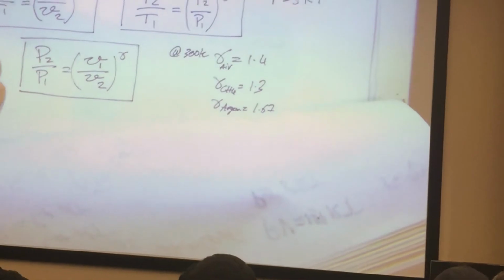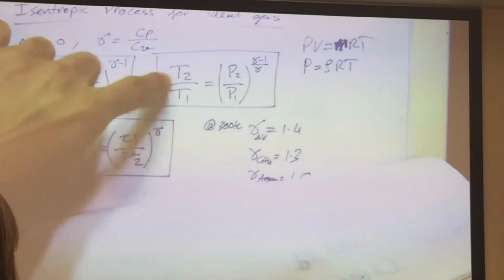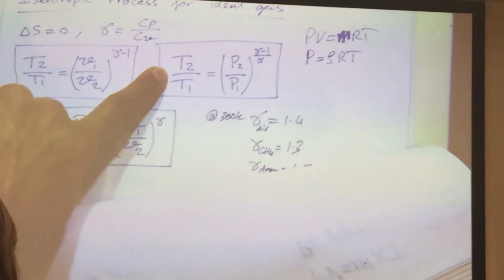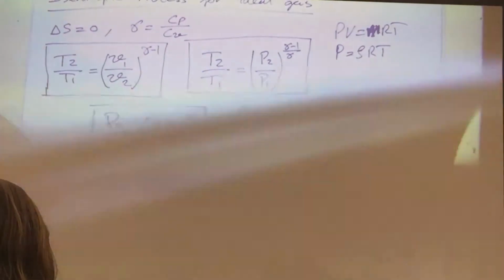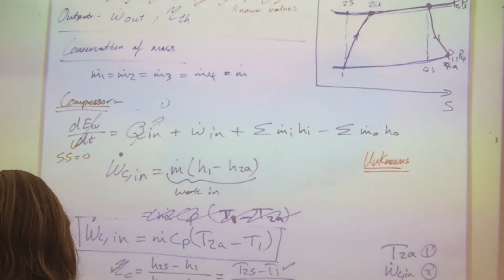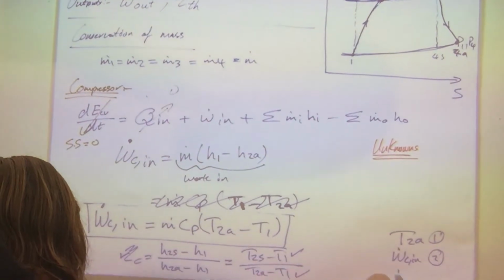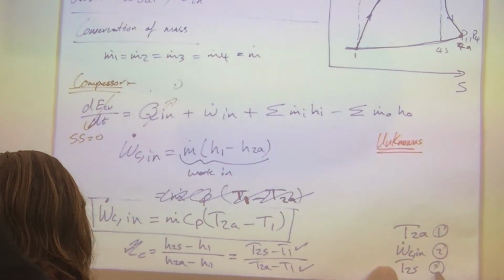This is assuming what? An isentropic process, meaning my T2 here is T2S. So how do I get my T2S? T2S is unknown, another third unknown.